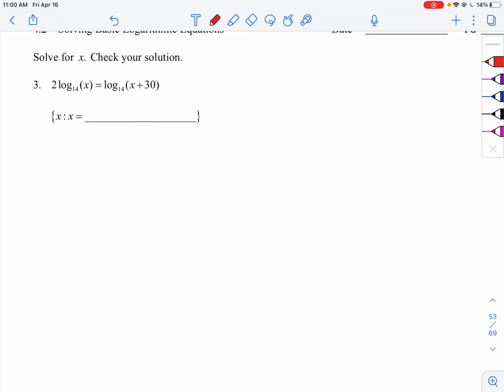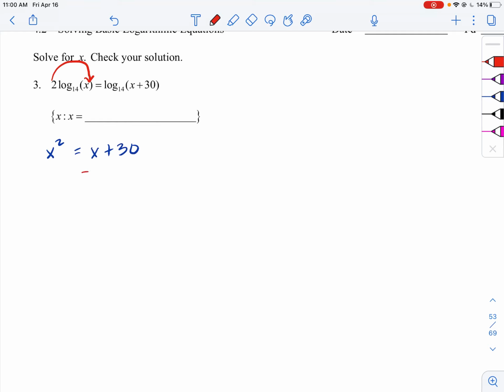And remember the property, I can take this 2 and put it as an exponent, or as if it was an exponent, I could also take it and put it in front of the log. Same exact property. So I now have x squared equals x plus 30, and just like that, you have a quadratic.